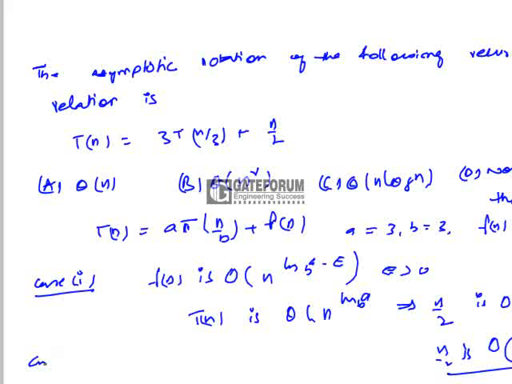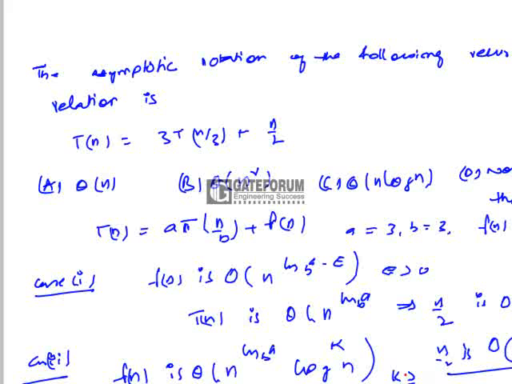So we'll go to case 2. In case 2, we check if f(n) is theta of n^(log a to the base b) into (log n)^k, where k is greater than or equal to 0. If we substitute the values of a and b, then n/2 is theta of n^(log 3 to the base 3) (log n)^k.